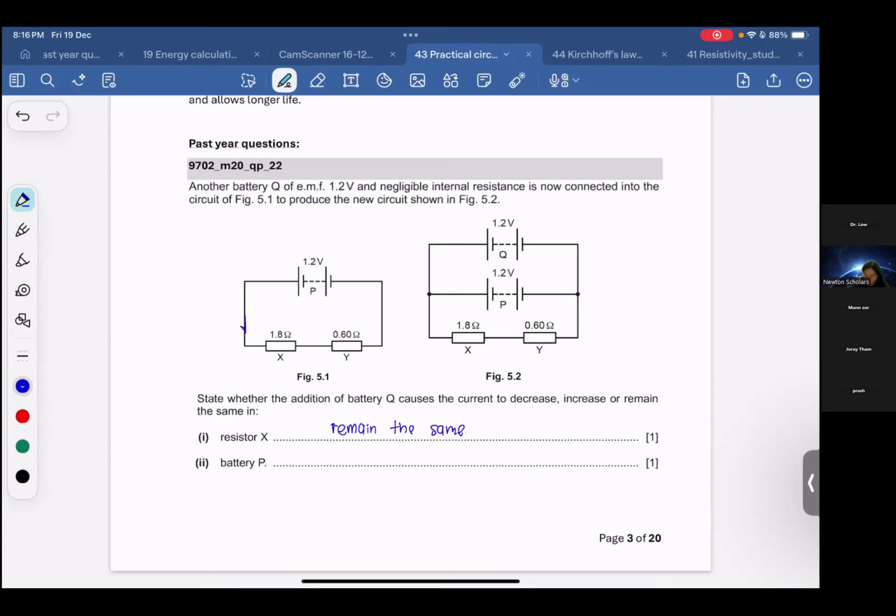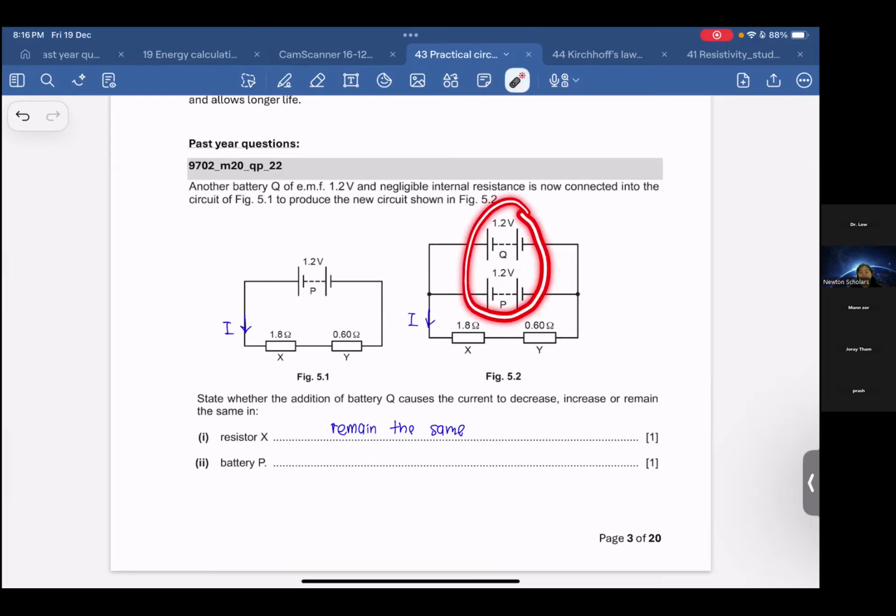If this is the current I, then here it is still current I. Why? Because total EMF is still 1.2 and total resistance, X and Y, doesn't change. V equals IR. So your EMF doesn't change, your total resistance doesn't change, and your total current also doesn't change.